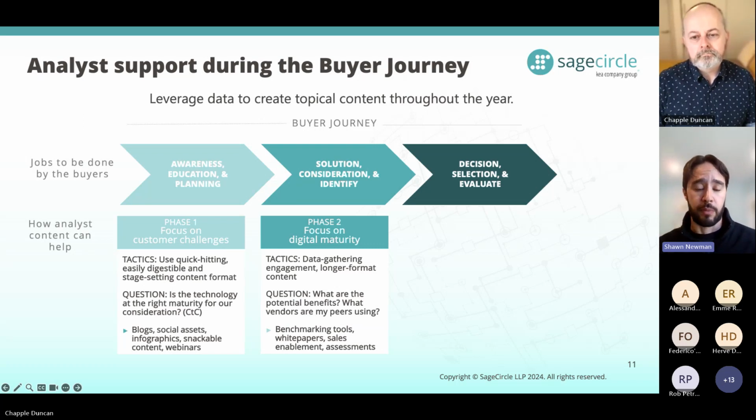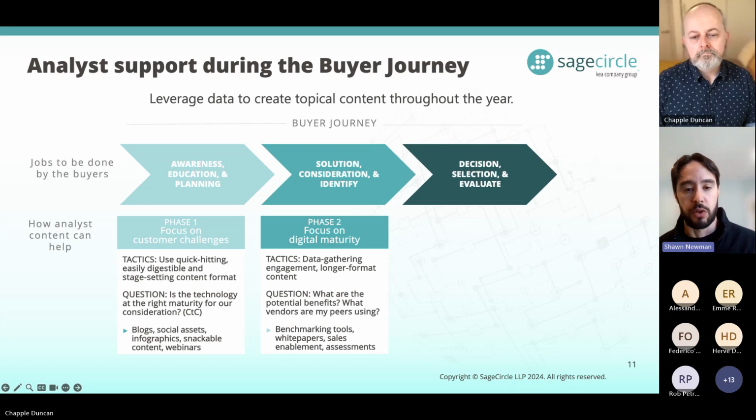You may have some clients that are in that more innovative set, and you're trying to broaden the market, and really that's where analyst content can help, in validating that this is a mature technology that can provide tangible benefits.